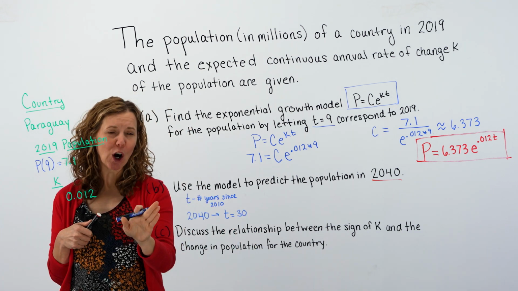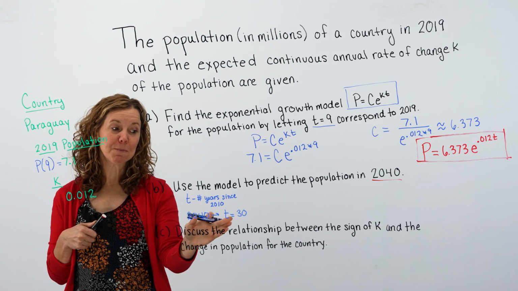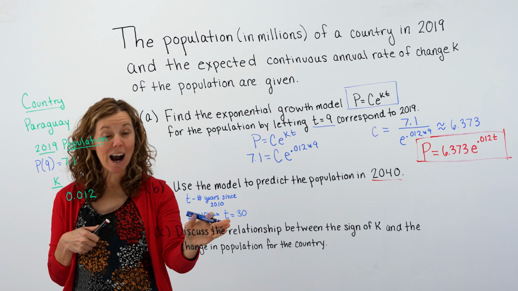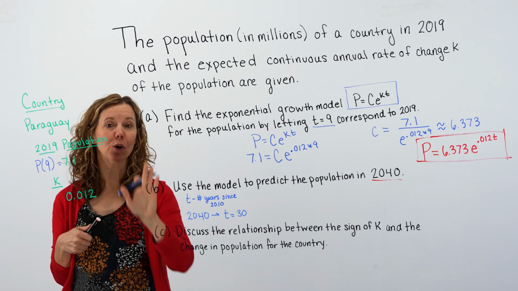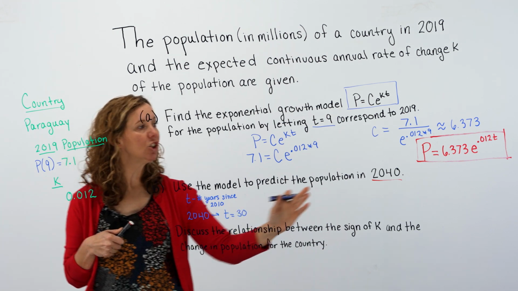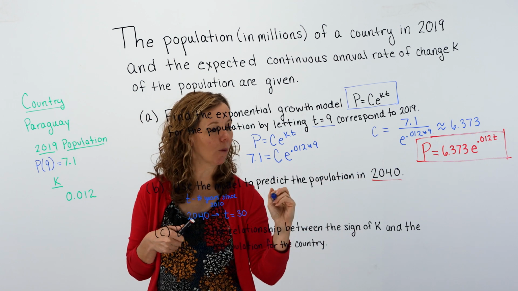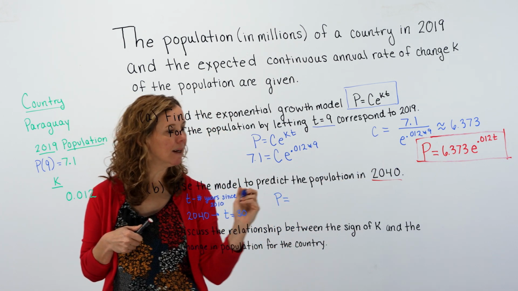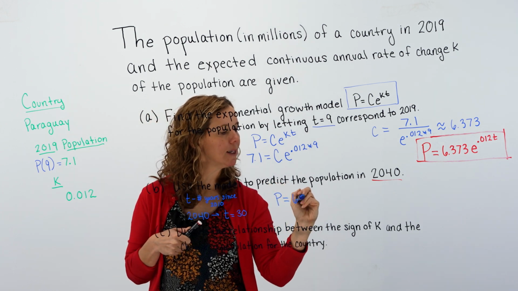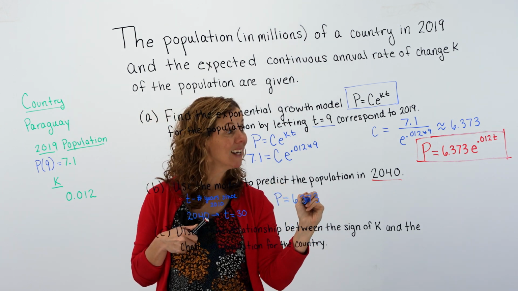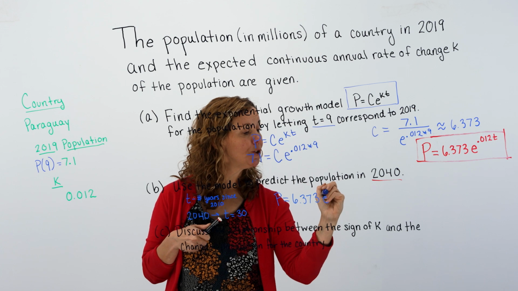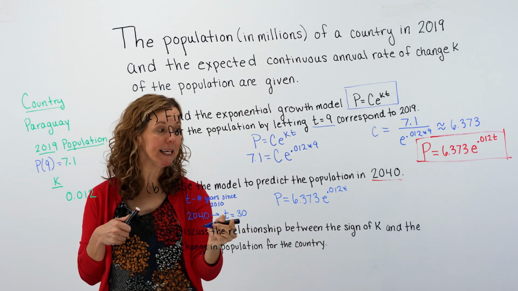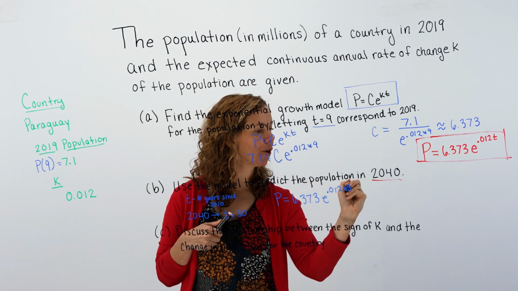So perhaps the hardest part of this problem is making sure that we identify the correct value for t. Now that we have it, we've done all the hard work in part A. We just substitute into our growth model. The population P will equal 6.373 times e to the 0.012 times t, in our case, 30.